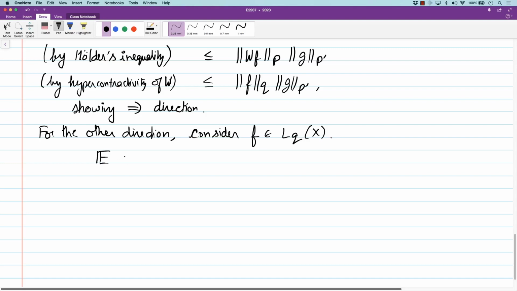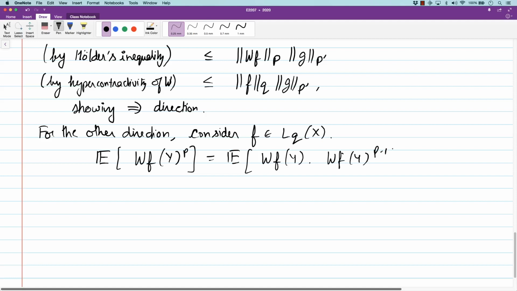So if we look at such an F and we look at the expected value of WF(y) to the power p, the pth moment, this is equal to the expected value of WF(y) times WF(y) to the p minus 1.